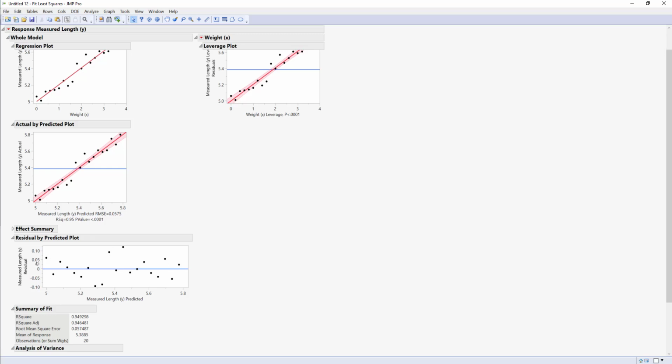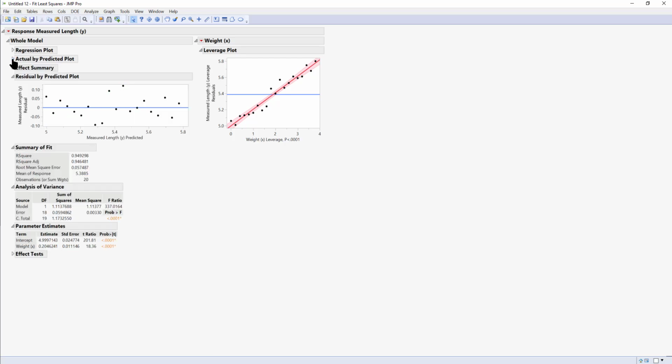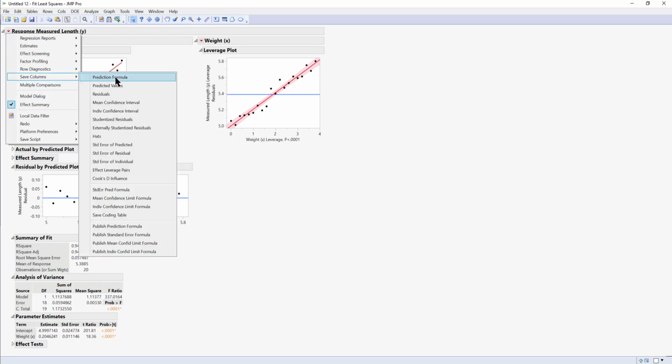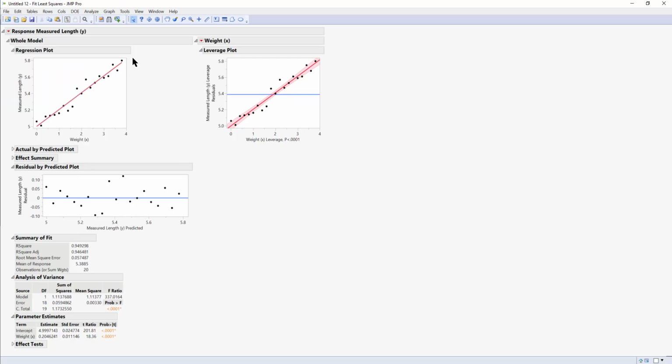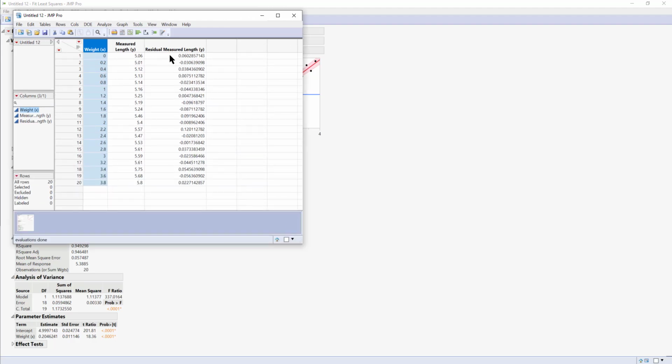There's no pattern here. So residual, that's the error part. If we'd like to see whether the residual is normal or not, in JMP there's no normal quantile plot automatically given to you. You need to save the residual. We check this one, the red triangle, that's the menu, and then we see Save Columns. We save the residuals. So there's another column called residual here.